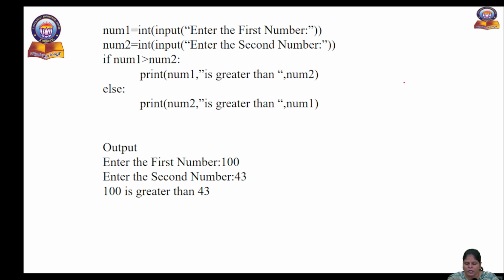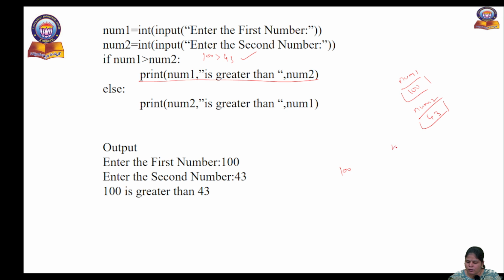Initially for num1 I am reading 100, and for num2 I am reading the value 43. After reading the values, num1 greater than num2, 100 greater than 43, the condition is true. So the statement within the if will be executed, as 100 is greater than 43.